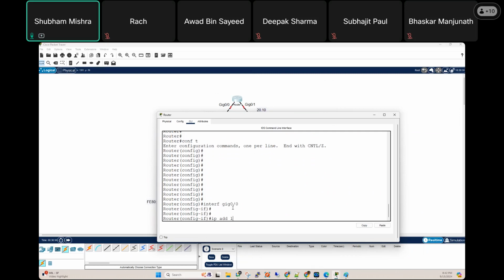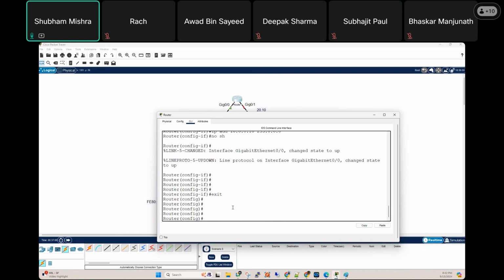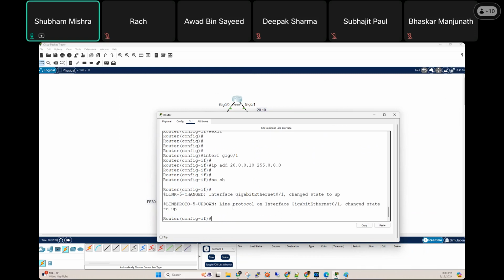What is the IP address? 10.0.0.10, subnet mask 255.0.0.0, and then you have to write the no shutdown command, because I told you every interface of a router is by default in shutdown state, right? Interface gig 0/1, IP address 20.0.0.10, 255.0.0.0, and then no shutdown command.